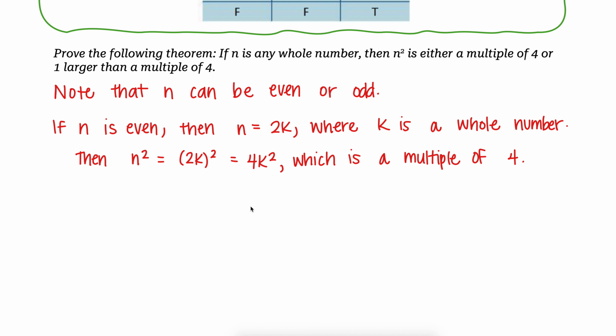The second half of the proof, if n is odd. If n is odd, then we can write n as 2k plus 1, where k is a whole number.